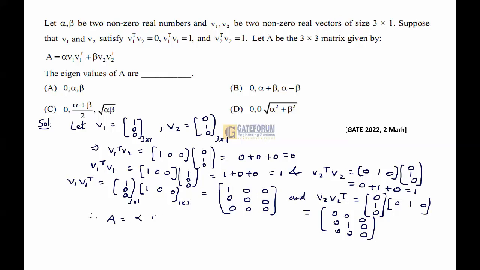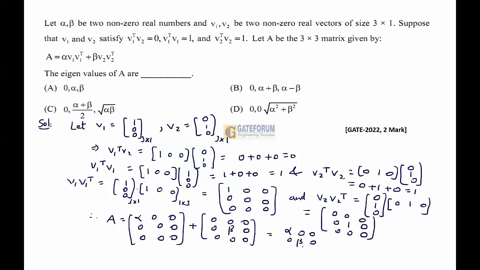So alpha 0, 0, 0, 0, 0, 0, 0, 0. Beta into v2 v2 transpose is every element of v2 v2 transpose, this matrix, multiplied by beta correspondingly. That is 0, 0, 0, 0, beta, 0, 0, 0, 0. So this simplifies to the sum of these two matrices, corresponding elements added: alpha, 0, 0, 0, beta, 0, 0, 0, 0.